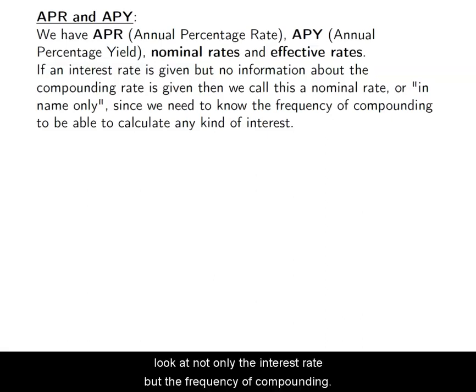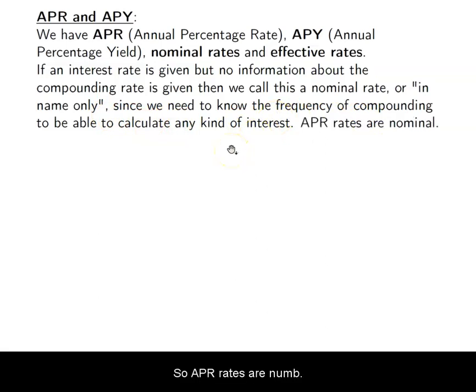You have to look at not only the interest rate, but the frequency of compounding, right? So APR rates are nominal, right? They're in name only. It's not how much percent interest you're actually gaining or paying on a loan or on an account, okay?